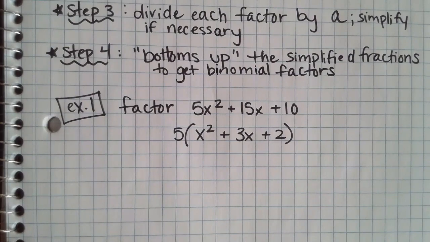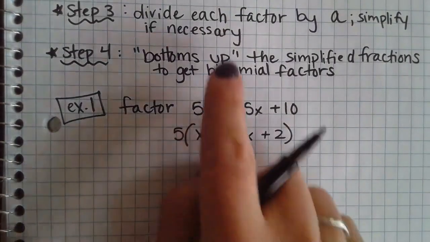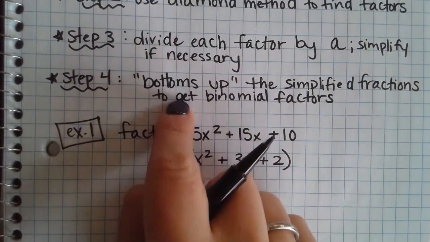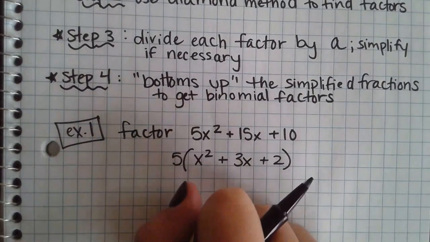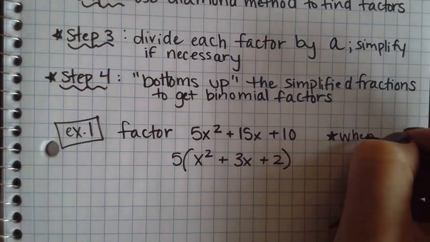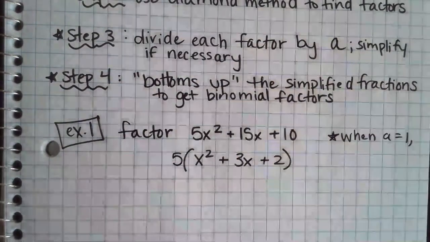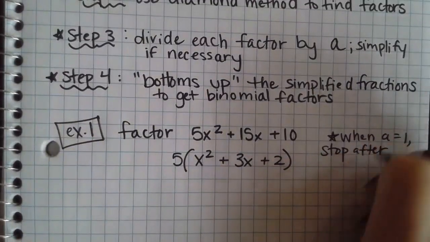Yes, like we're technically still doing A times C, but when A is 1, we don't have to do steps 3 and 4. Let's write that. When A equals 1, you can stop after step 2.